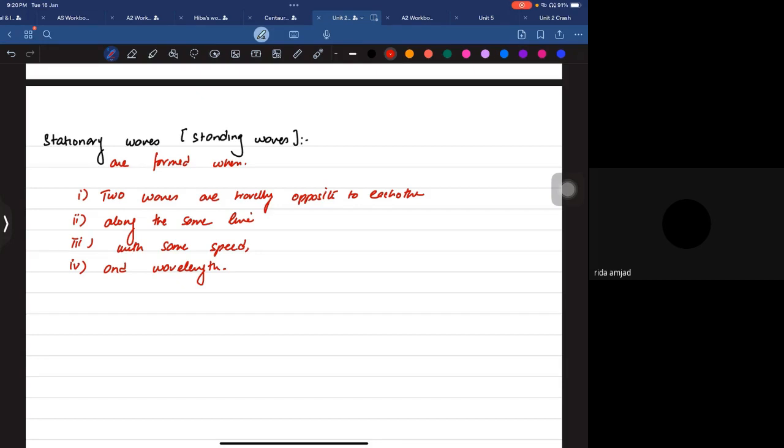So basically, a stationary wave looks like this. It's a wave like that, and then it forms a pattern like this. Is it clear, kids?